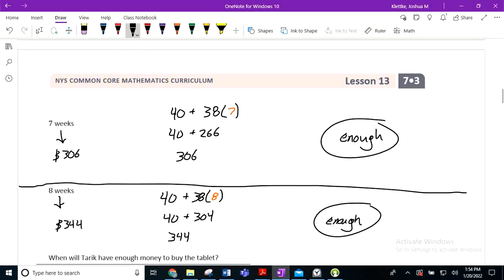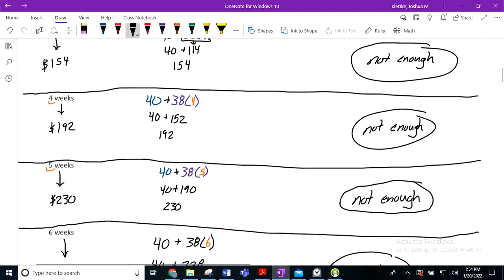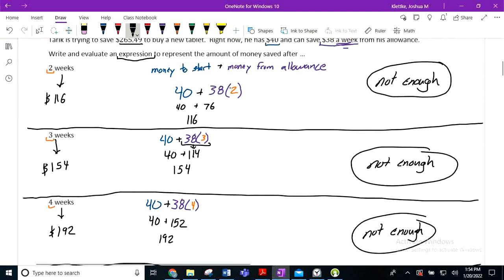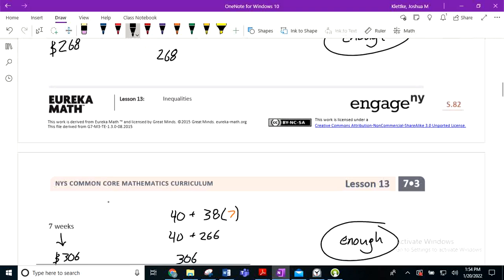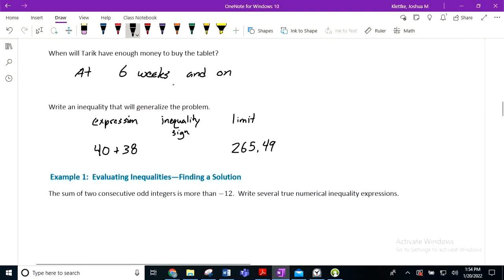So we had the 40 plus 38 in all of our expressions, but we changed the number in the parentheses that we're multiplying 38 by, depending on how many weeks. So to generalize this problem, we're going to put 38W, where W equals the number of weeks.